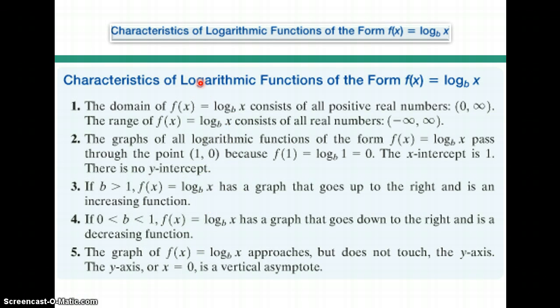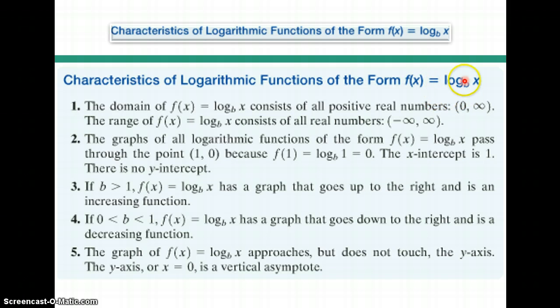Characteristics of logarithmic function. The domain of log base b of x is all positive real number, 0 to infinity. The range of logarithmic function log base b of x, all real numbers, negative infinity to positive infinity.